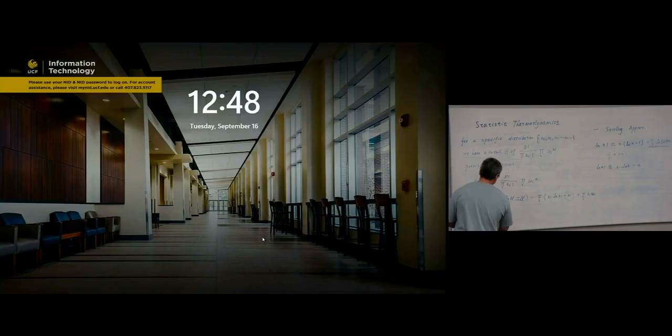Let me change it to make this clearer. So this term should be equal to 0, correct? This term is equal to 0.